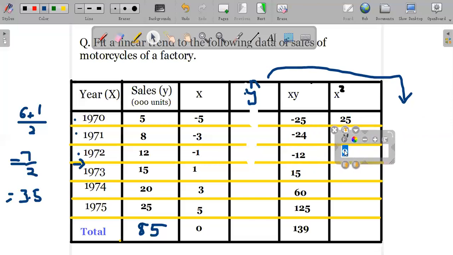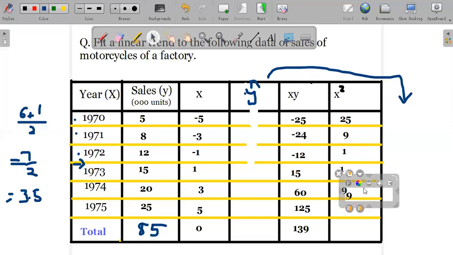Minus 1 squared is 1. 1 squared is 1. The square of 3 is 9. The square of 5 is 25.